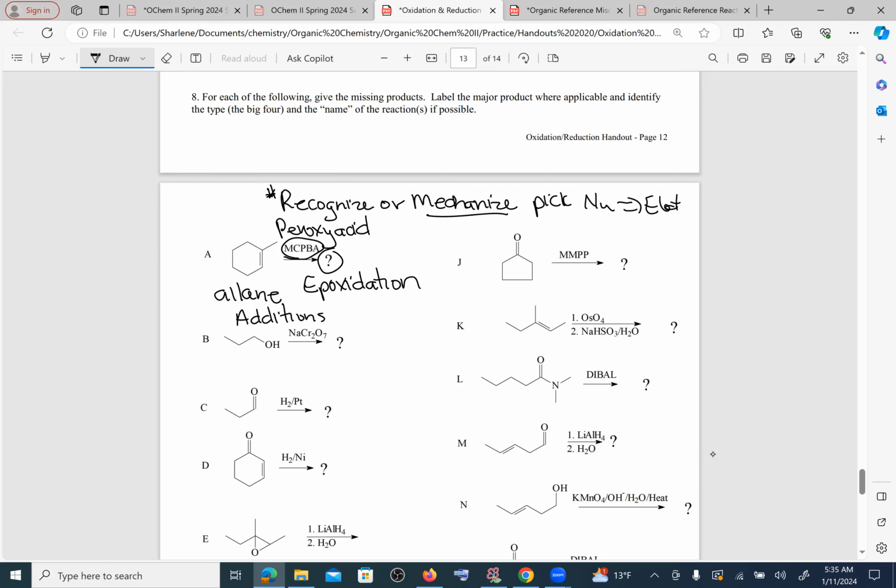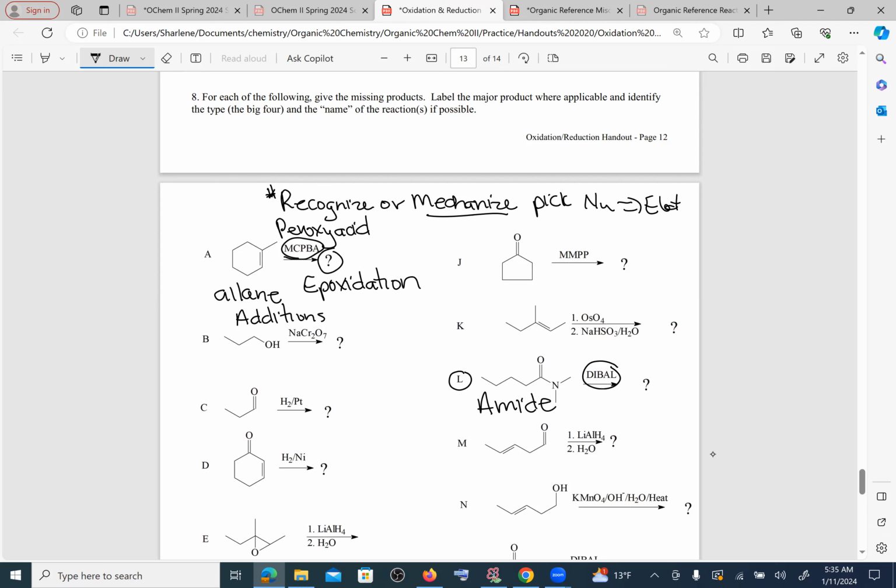Let's do another one. Let's do, you know what? Let's do L. Okay, step number one, identify the functional group. Okay, so this is an amide. All right, what can amides do? You've only ever seen one reaction, and that's oxidation and reduction. All right, now look at your reagents or your conditions. Your DIBAL, what was that? Let me see.